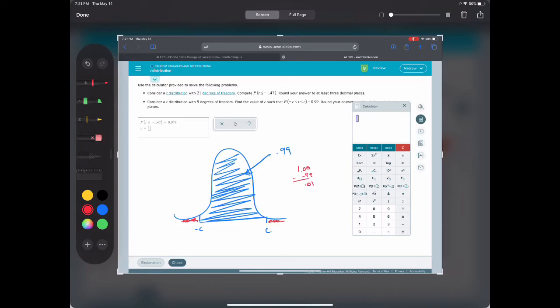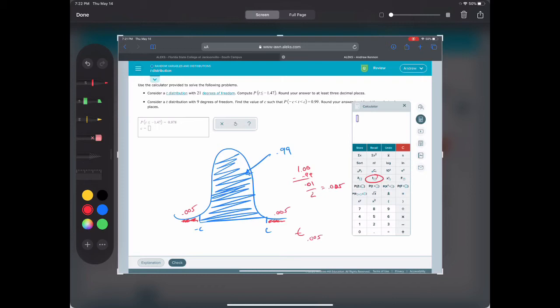But there are 2 tails, so divide that by 2, and it's 0.005. So there's 0.005 here and 0.005 here. In the calculator we can use this t button and do t of 0.005, and that will give us our answer and tell us how much is shaded to the right.